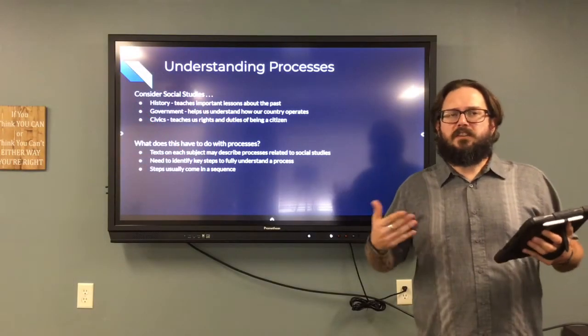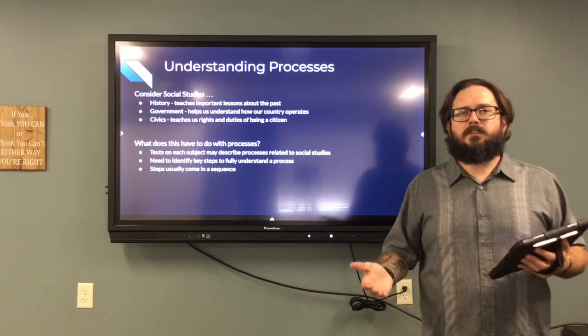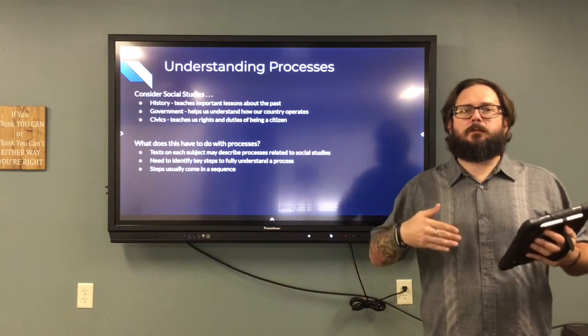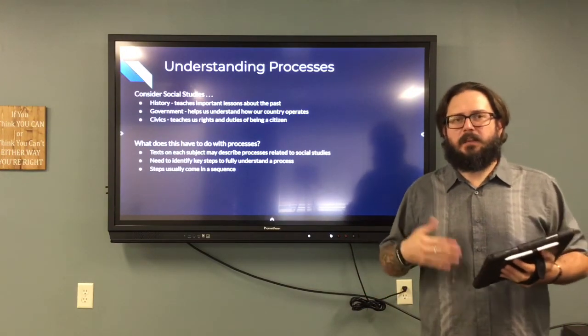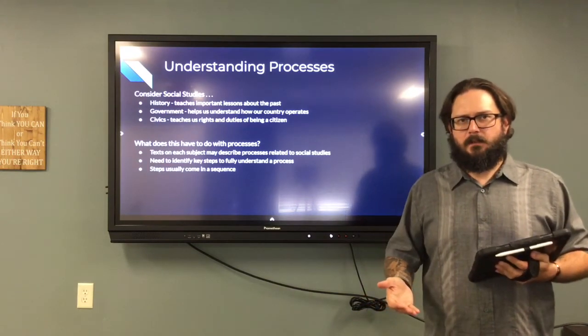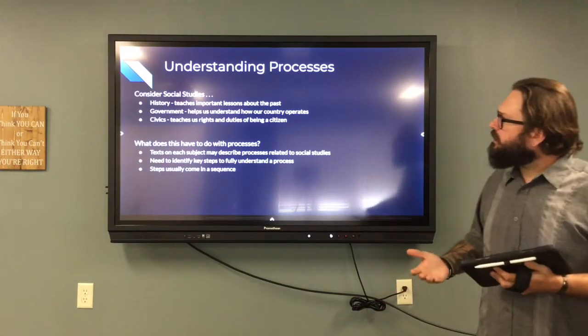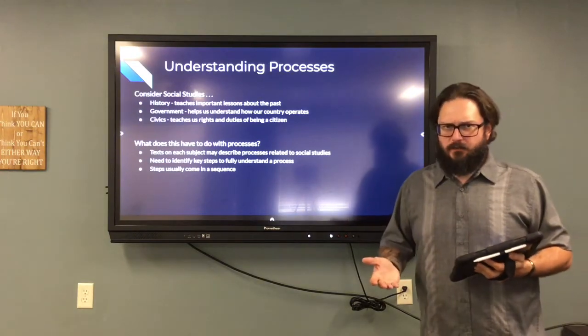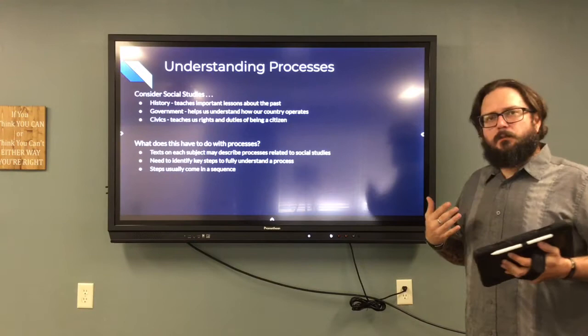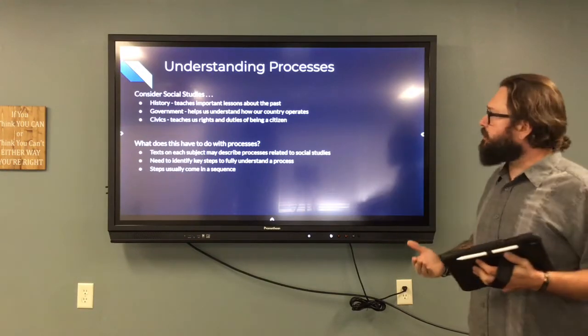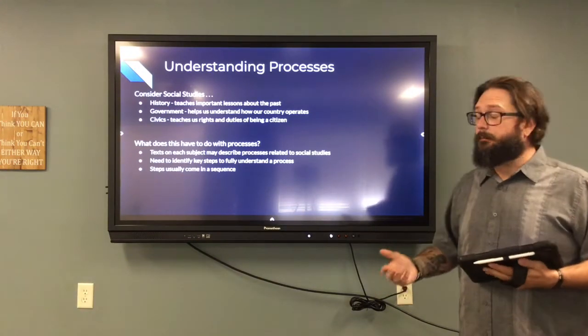An author may use an informational text to explain how something works by breaking it down into the steps of a process. For example, let's consider social studies for just a moment. Social studies is comprised of different disciplines such as history, government, and civics.